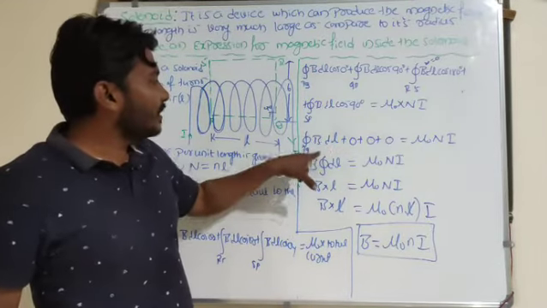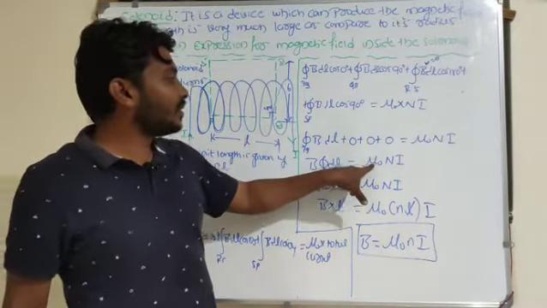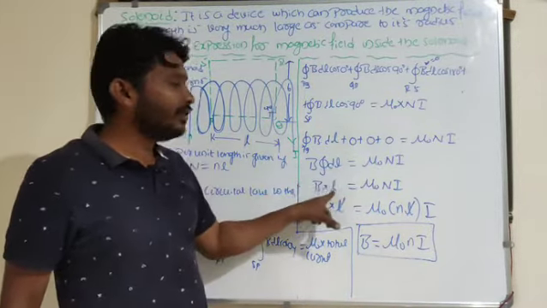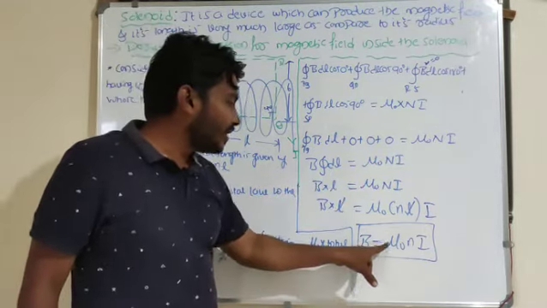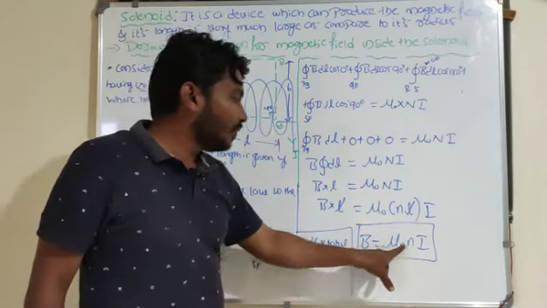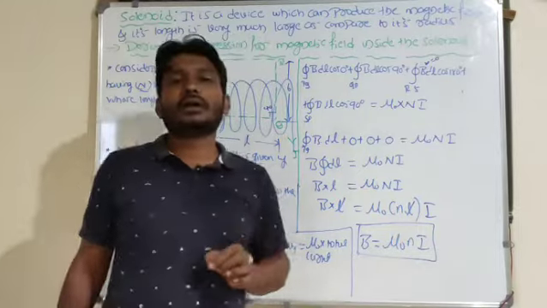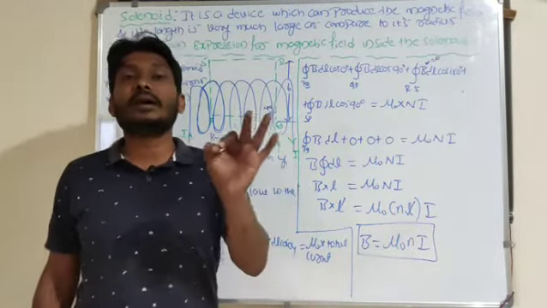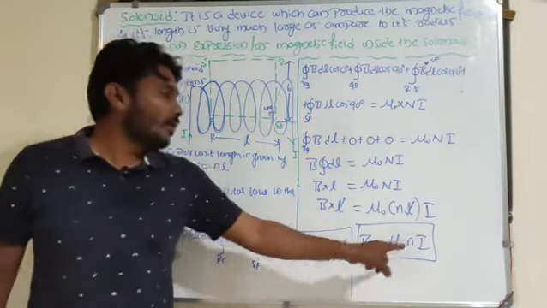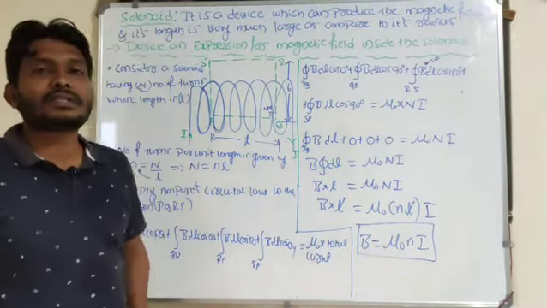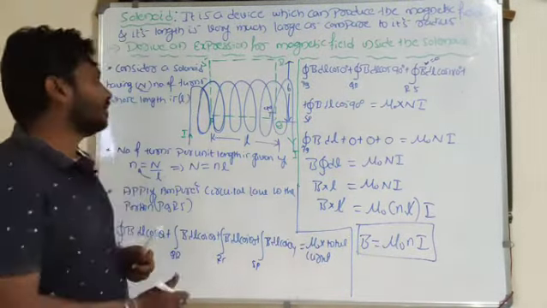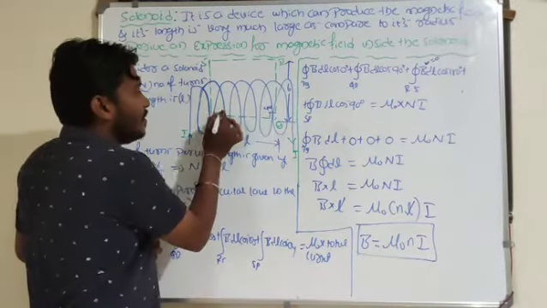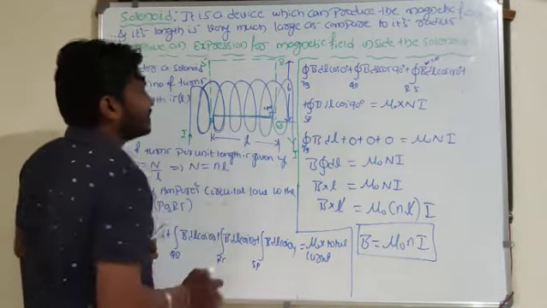If I simplify, B into dL is equal to mu naught N into I. Integration of dL is L. Finally I will get the equation B is equal to mu naught n into I, where mu naught represents the permeability, small n represents the number of turns per unit length, whereas I represents the amount of current in the solenoid. Now this is the value of magnetic field inside the solenoid.